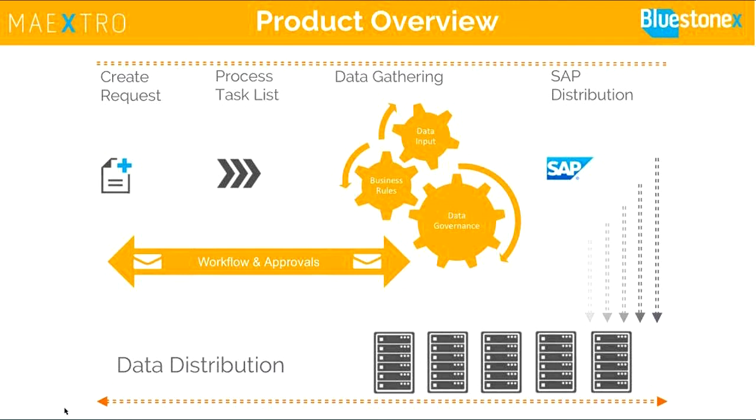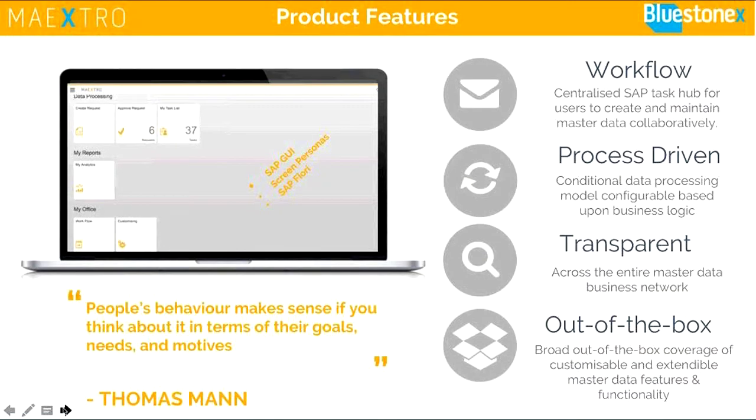And at the very end, once final approval has taken place, it will distribute that object to the various SAP systems in place. I won't go through these word for word. You'll get a feel for it throughout the demo. You'll see the workflow. You'll see that it's process driven, and we're going to show you some standard out-of-the-box templates.